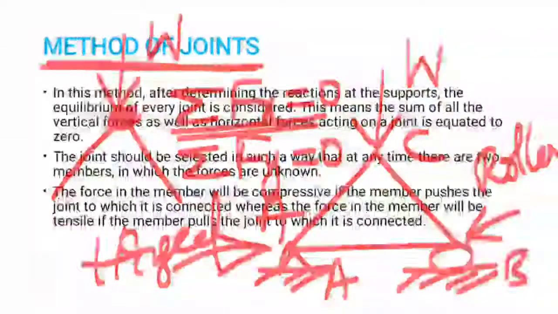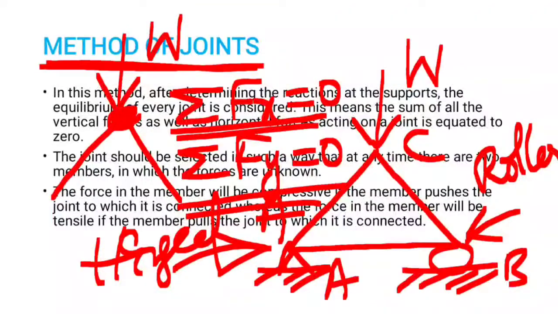What do they tell? From sigma Fx and sigma Fy, what do you know? From sigma Fx, the sum of horizontal forces acting on a joint equals 0, and sigma Fy tells you that the sum of vertical forces acting on a joint equals 0.